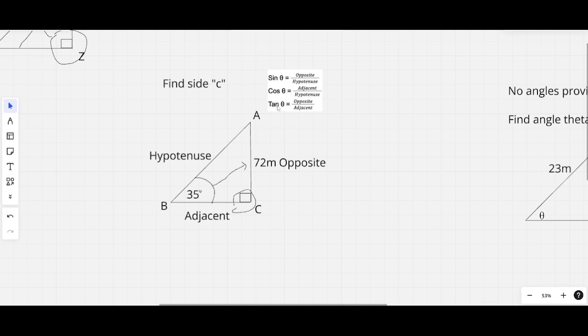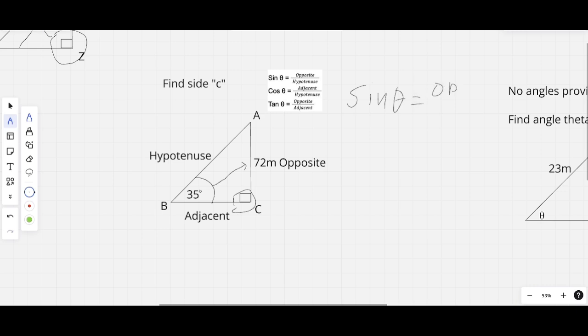So in this case, cos and tan both have the adjacent, but we're not using it. So we have deduced that sine theta equals the opposite divided by the hypotenuse is the ratio that we have to use. I usually like to write out the ratio.